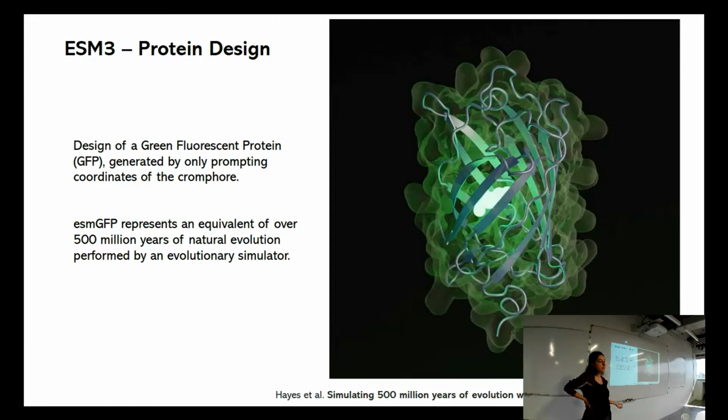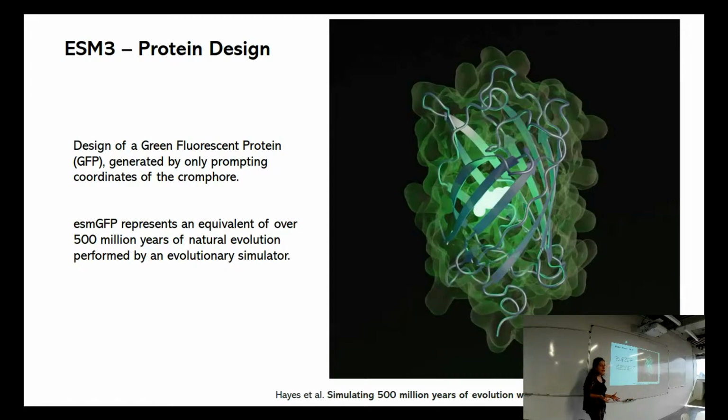There are many sequences and structures that you can look at. They have this fluorescent spot called the chromophore, which is the one with the light in this cool picture. So they just tell the model, okay, this is the position of a chromophore. Design, generate a sequence and a structure with these constraints.